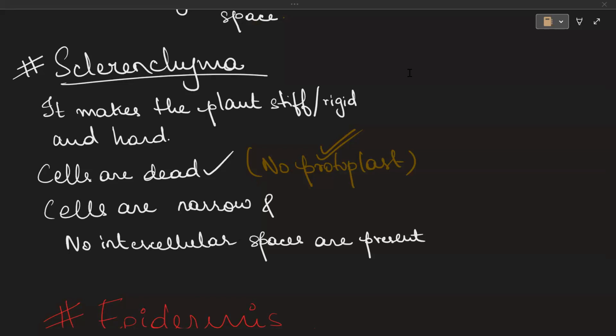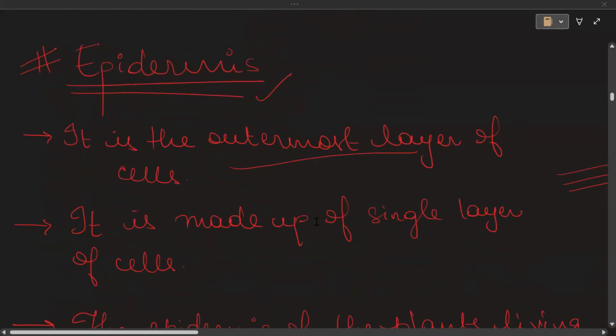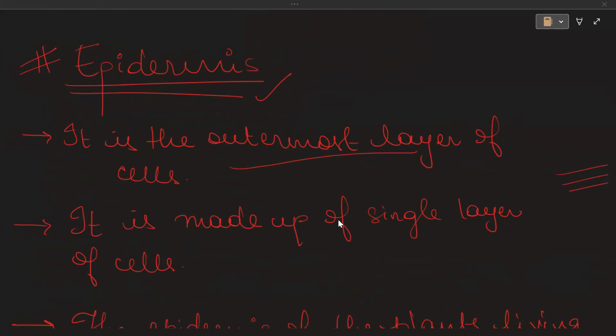Okay, good. Now let us talk about the epidermis and what it is. Epidermis is any outer layer, meaning the outermost layer, and that is known as the epidermis. Whether it is in the case of a plant or anywhere, the outermost layer would be called the epidermis.